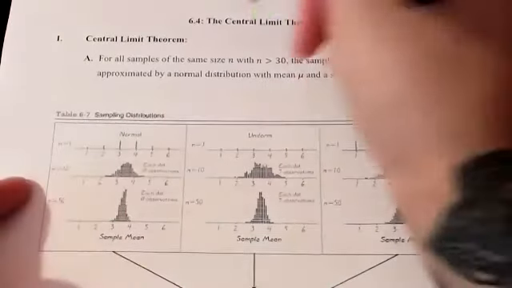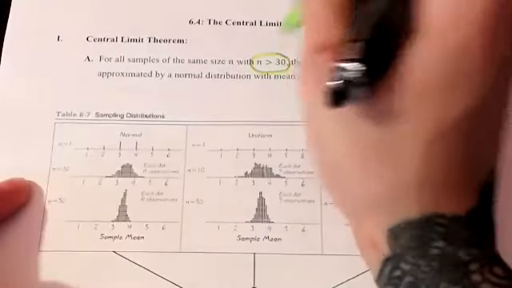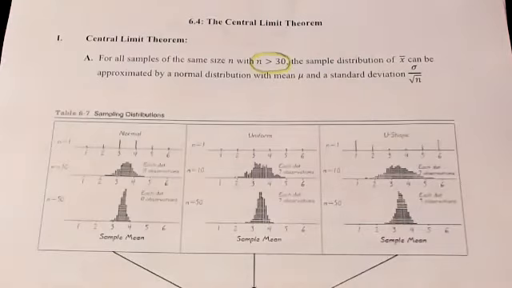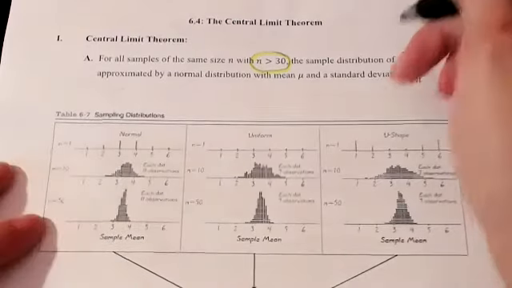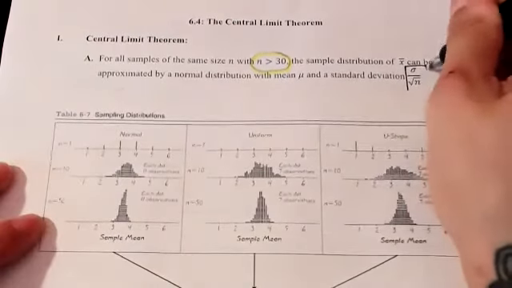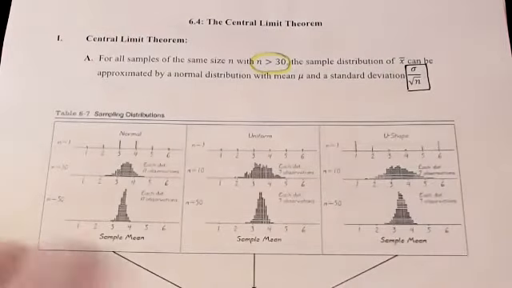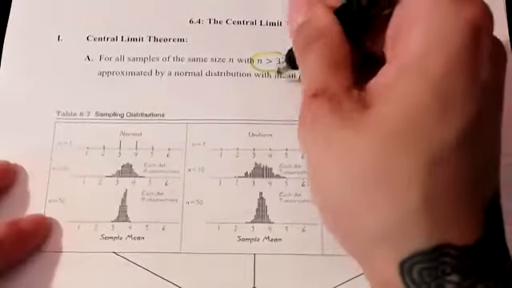Typically, if n is larger than 30, you'll see more often than not that your distribution will tend to be closer to a normal distribution. So the sample distribution of means can be approximated by a normal distribution with mean mu, that's the population mean, and the standard deviation sigma divided by the square root of n. That's really, really important to know.